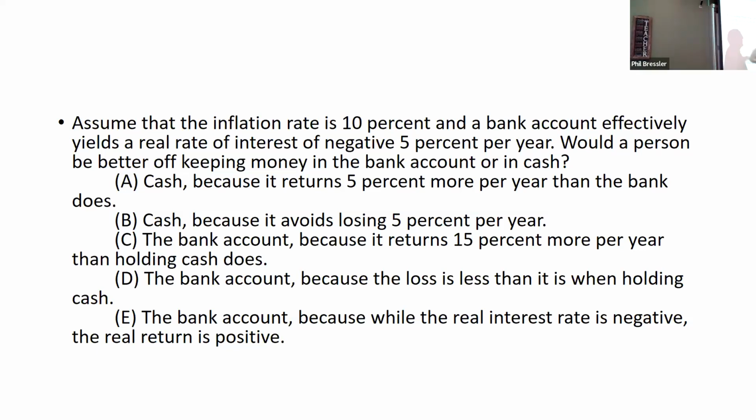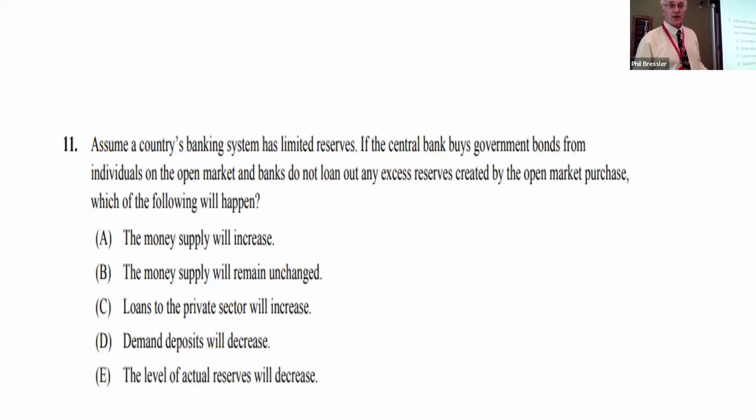You could have said, if the cash stays in my pocket, I lose 10%. If it goes in the bank, I lose 5, because that's what real is saying. My purchasing power is down 5, so the bank account is better because the loss is less. All right. Everyone good? Next up.